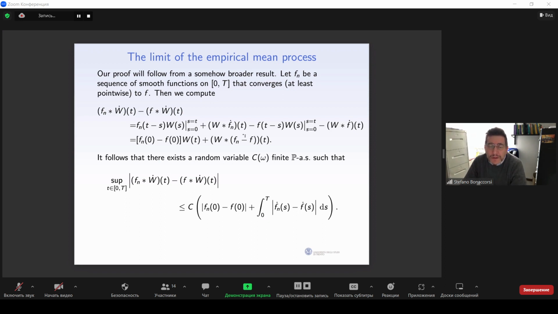So by our assumption, if f_n dot converges to f dot, we see that the sup converges to 0.